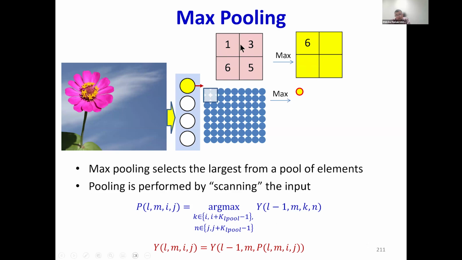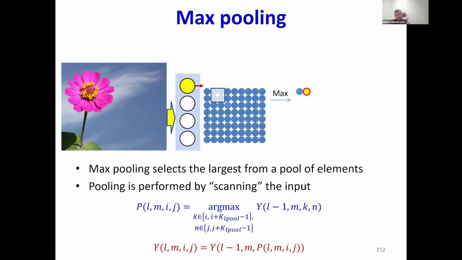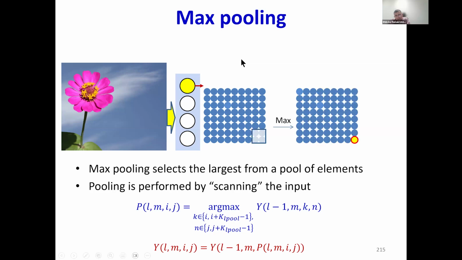Which is the only element in the input that I could perturb to change the output? So the max operation is going to basically follow the same sequence of operations as it scans. And I'm assuming that the stride is 1.